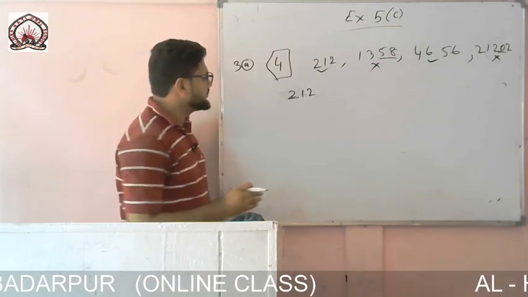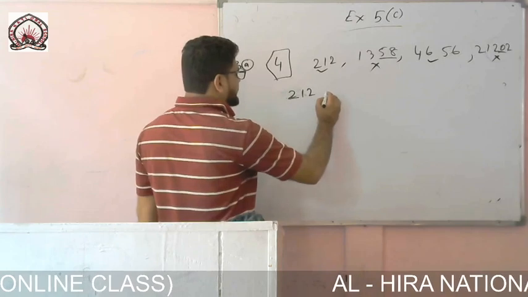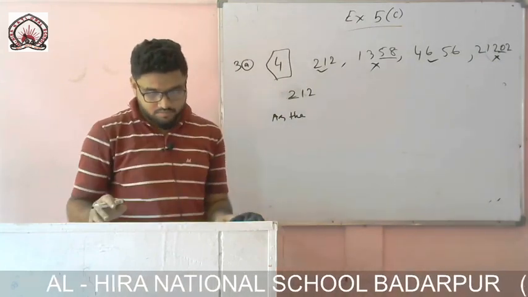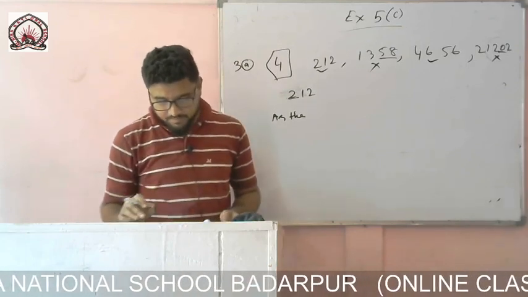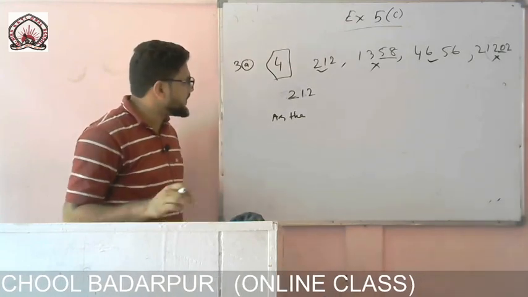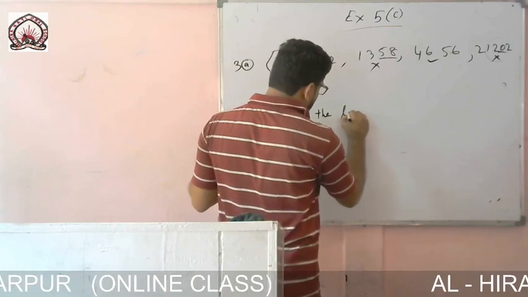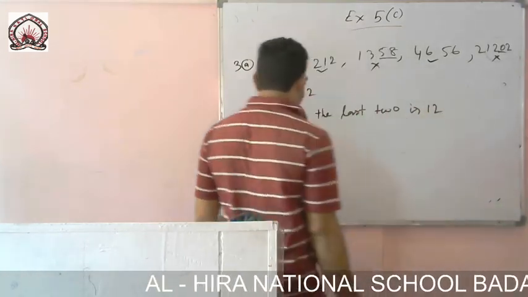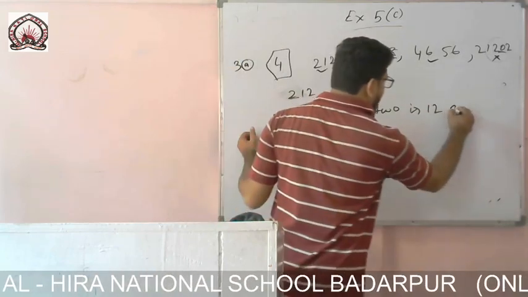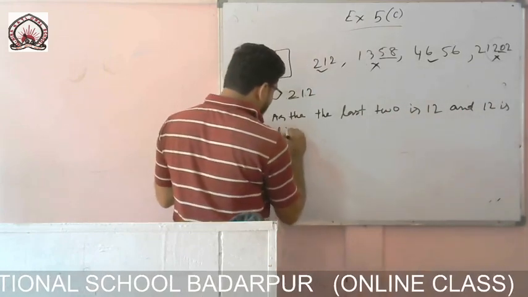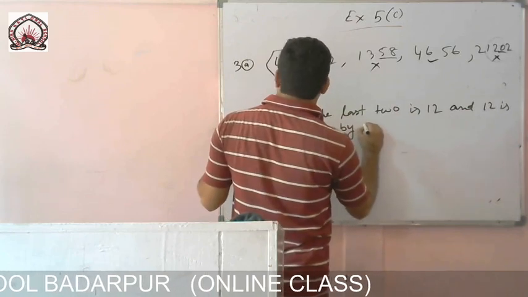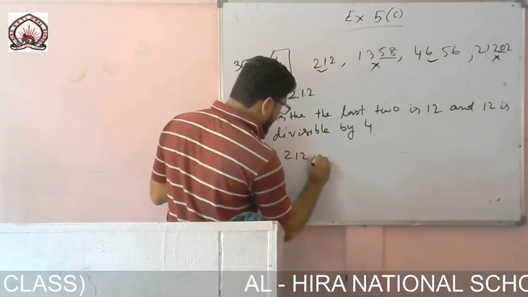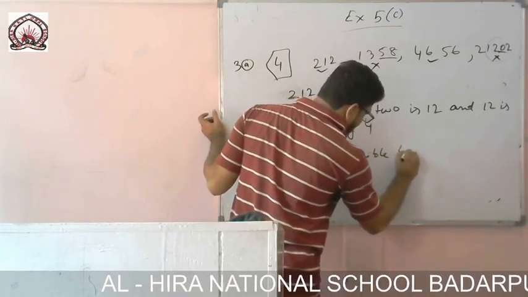So write: as the last two digits are 12, and 12 is divisible by 4, therefore 212 is divisible by 4.